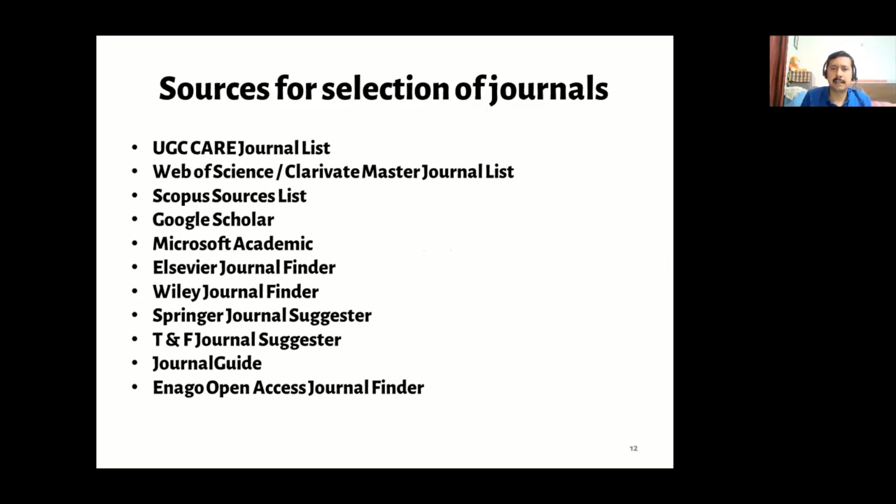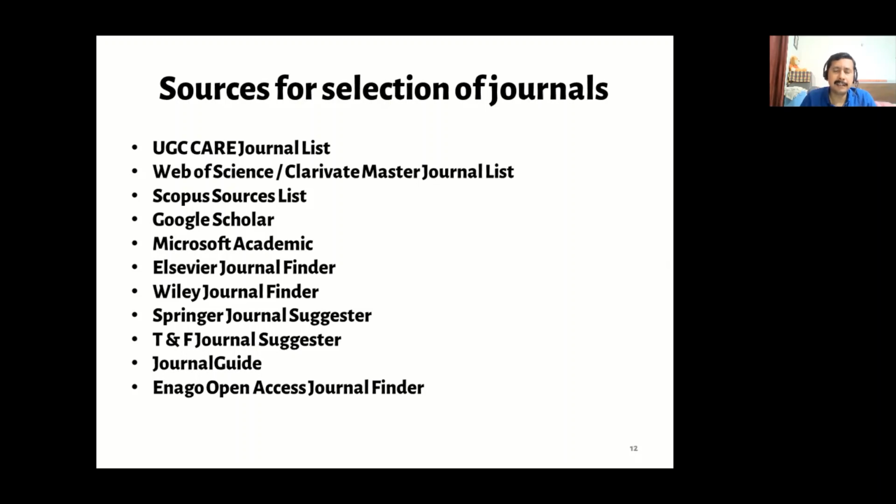This is the most important task in front of every author, every researcher. Selecting journal best suited for your article, selecting journal best suited for your subject is the most challenging task.